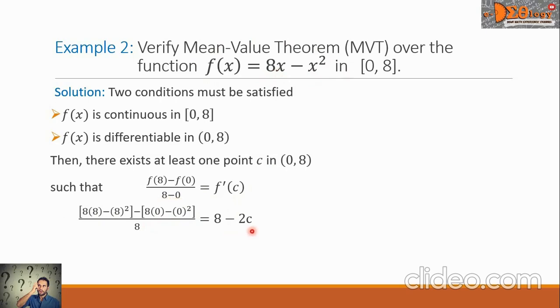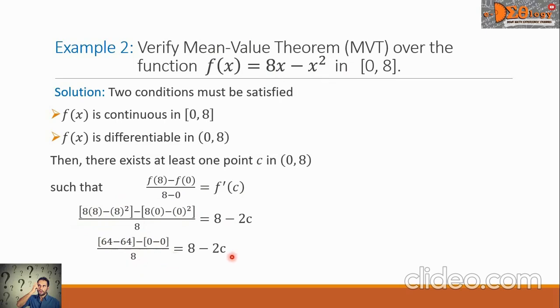Let us now simplify further the left side. In our numerator, 8 times 8 is 64 minus 8 squared is also 64. Minus 8 times 0 is 0 minus 0 squared is 0, all over 8.